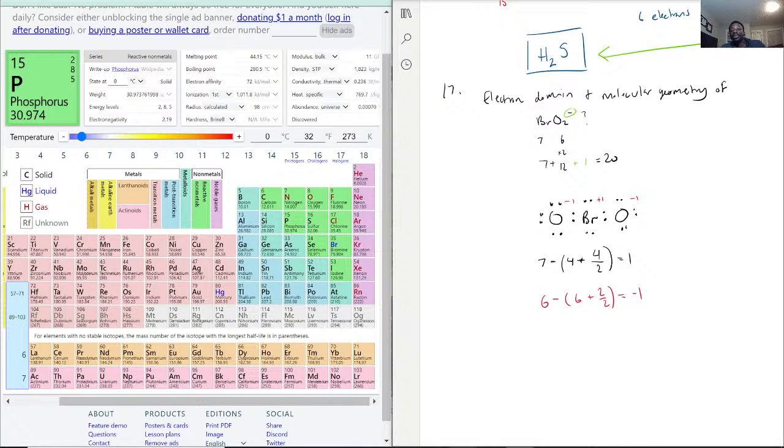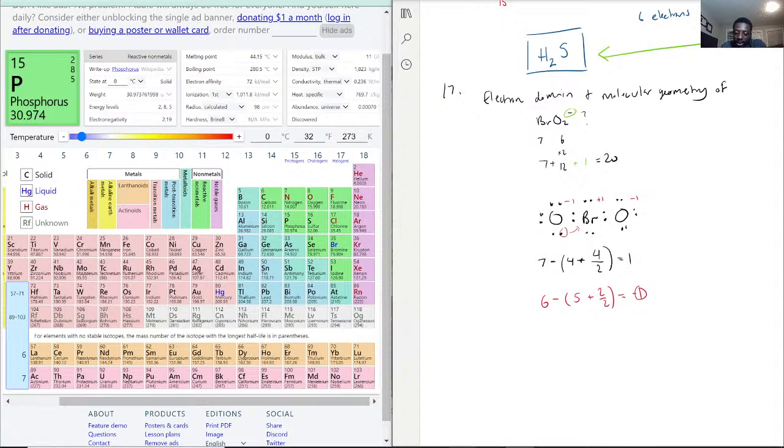You technically want to get as close to 0 as possible. But for this one, if we try to get to 0, you would end up with very unstable elements on the side. For example, if we try to move 1 electron over here to make it 0, it would become 6 minus 5 plus 2 over 2, technically 0, but this is now unstable.